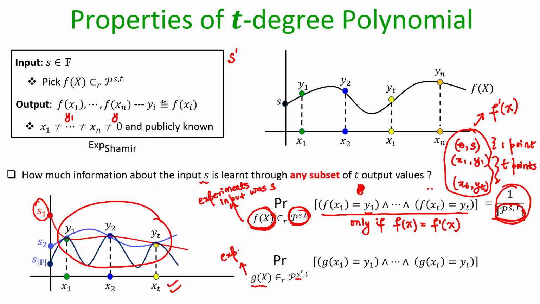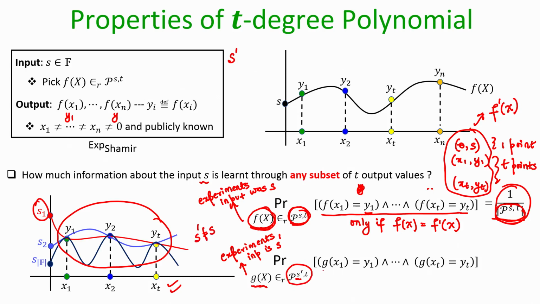Your experiment's input is s prime, because you are now picking the polynomials from the set of polynomials whose constant term is s prime, where s prime is different from s.